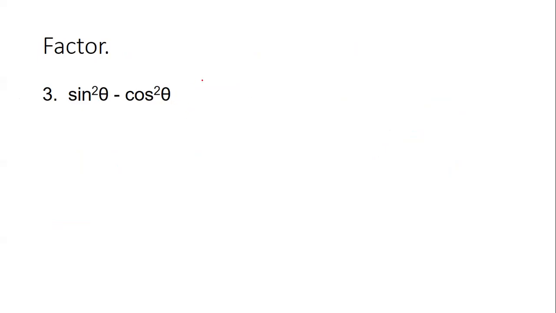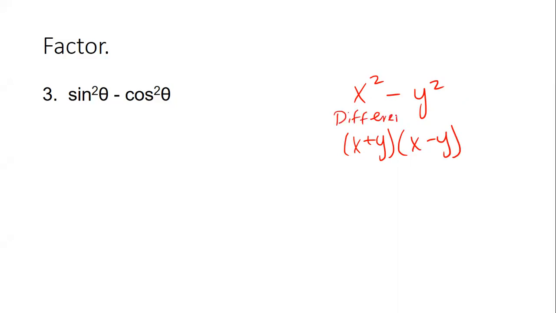All right. So we also learned if I had x squared minus y squared, what does that factor out to become? So it becomes x plus y and x minus y. Okay, remember this is called difference of two squares. Anytime I'm subtracting two perfect squares, they factor out to be this pair of binomials.